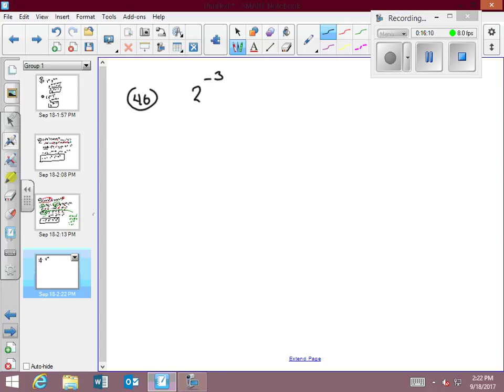The second row, third column, notice it says that if you want to have positive exponents, if it's in the numerator, go denominator. If it's denominator, go numerator. This is in the numerator, so you'd write this as 1 over 2 to the third. And that's what they're looking for. Simplify means write it as positive exponent.